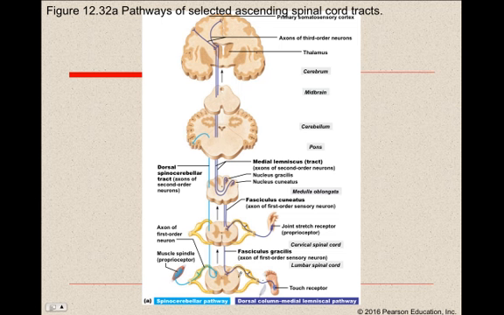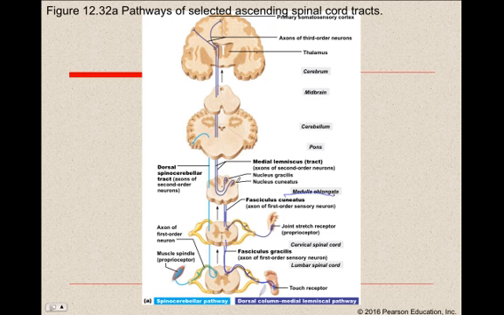So here you can see, I'm just going to walk you through. Here's a first order neuron. Here you can see this first order neuron's a touch receptor on the foot, and it's going to come in through that dorsal root, or posterior root, into the spinal cord, and then move up the spinal cord, where eventually it can synapse either in the spinal cord, or in this case, it's synapsing in the medulla.